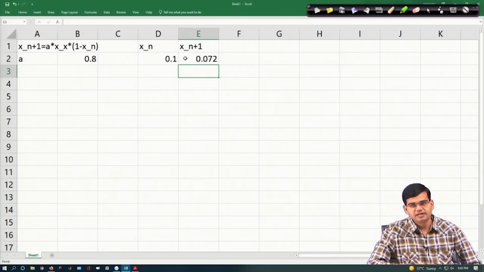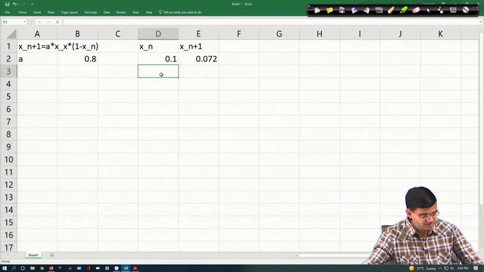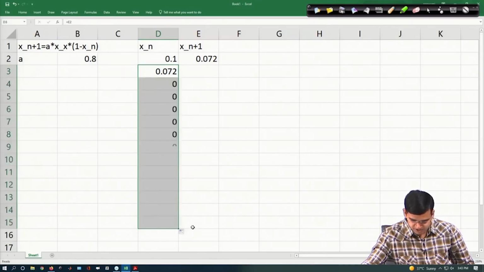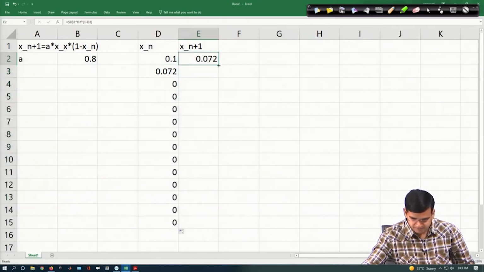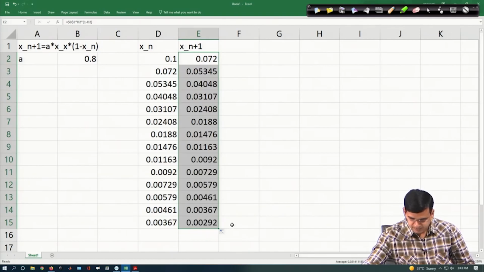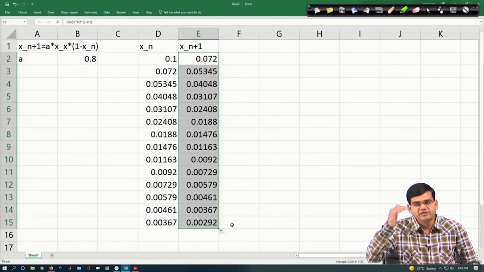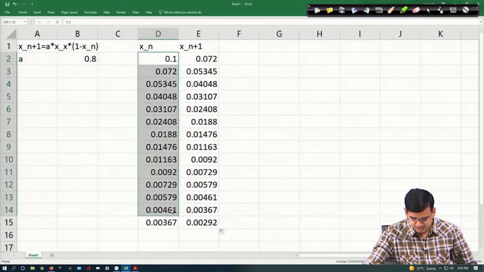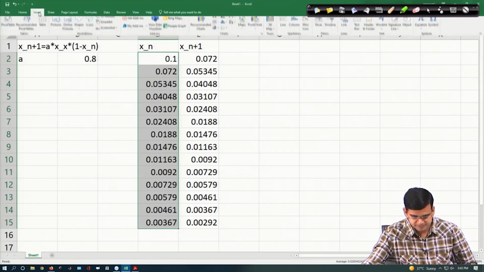For the next step, x n plus 1 becomes x n. So I would write this equal to this, and then propagate my system like this. Now I have various values of x n. Let me see how the system evolves.